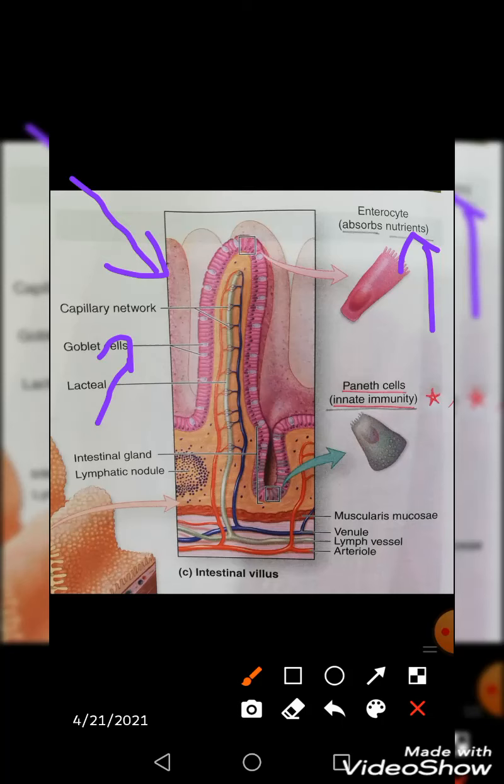Then a third variety, a hallmark of the small intestine, is the Paneth cells. And we expect some enteroendocrine cells also as part of your epithelium. And of course the stem cells, which are undifferentiated, made for the demand of mitosis.